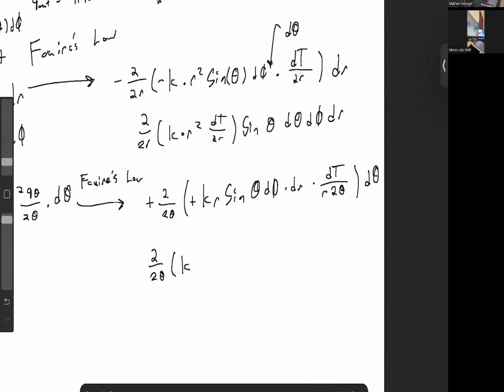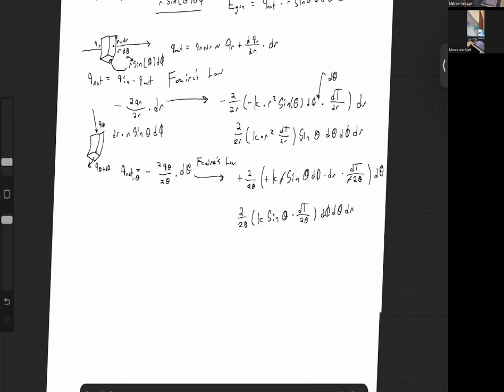The r's cancel out here, so we get sine of theta multiplied by dT over the change of theta, multiplied by d phi, d theta, and dr in this case.